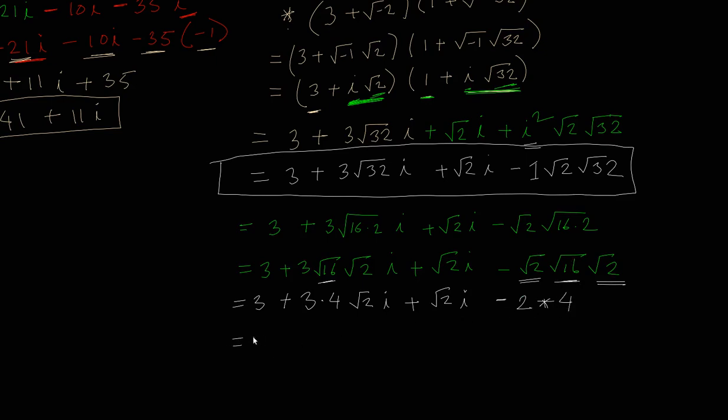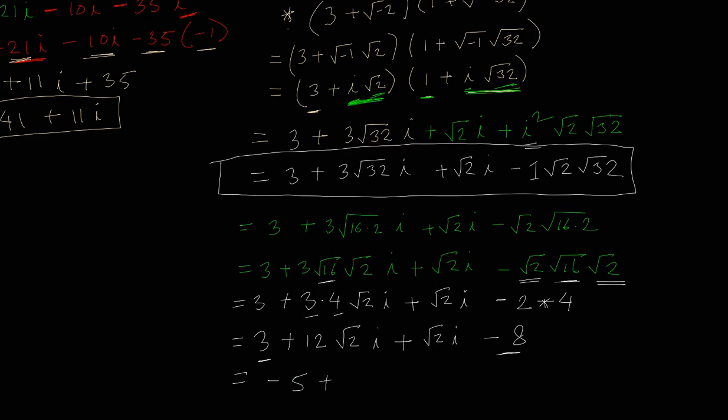So I have 3 plus 3 multiplied by 4 is 12 square root of 2 i plus square root of 2 i minus 8. So 3 minus 8 is what? Minus 5.